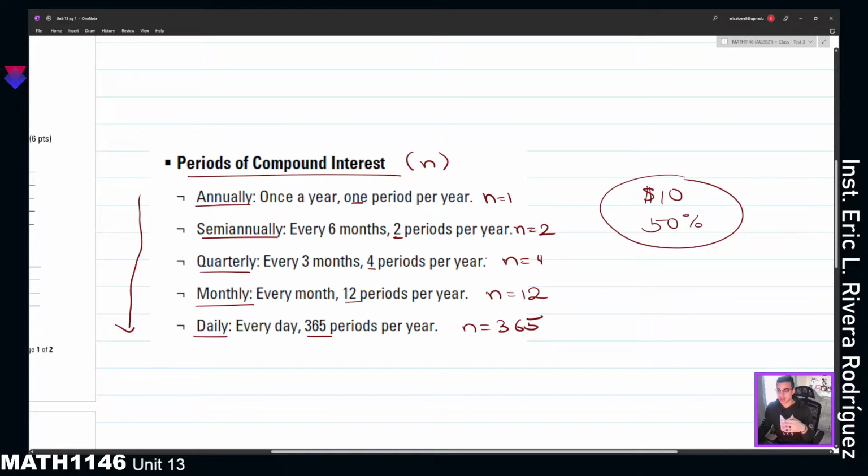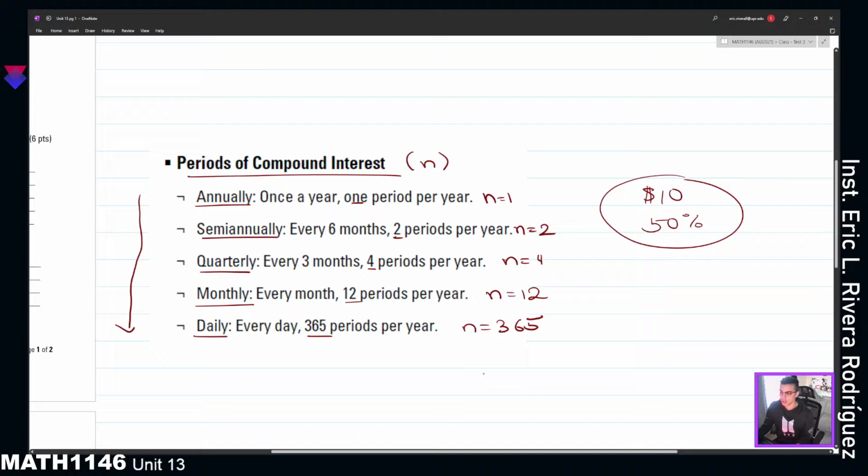But if on the contrary the interest is calculated monthly, the amount of money that we owe will increase 12 times every year, because every month, 12 times in a year, the interest will be calculated. So if n increases, the number of periods where the interest will be calculated increases as well.